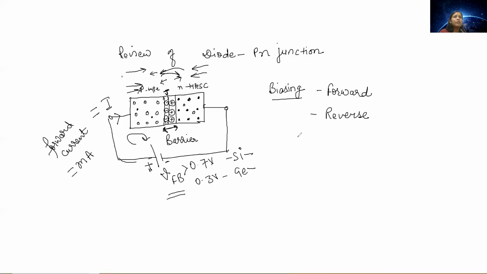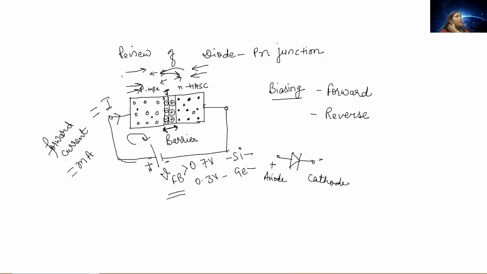The symbol of the diode, this is the symbol. In this symbol, this is called anode and this is called cathode.